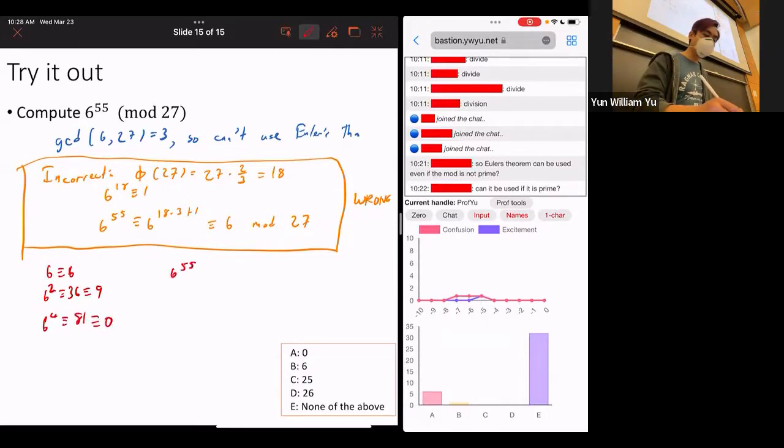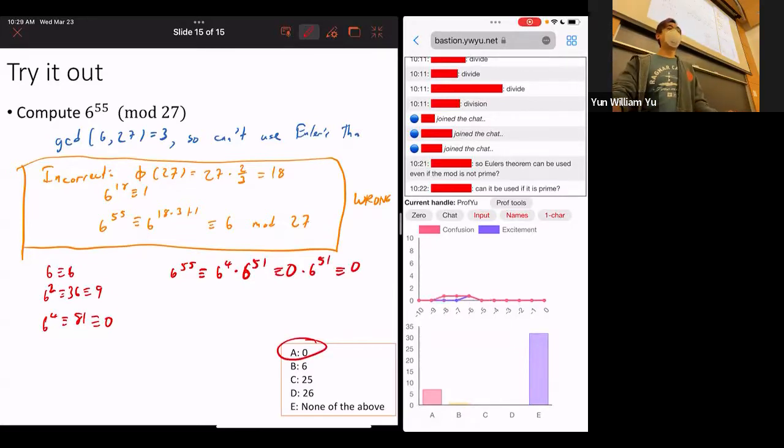Which means that 6 to the 55 is congruent to 6 to the 4 times 6 to the 51, which is congruent to 0 times 6 to the 51, which is congruent to 0. So the answer here is actually 0.